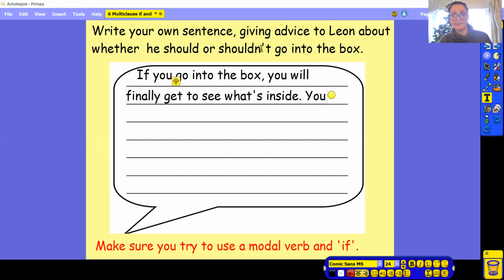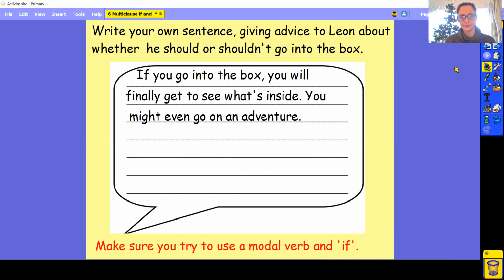You might even go on an adventure. If you go into the box, you will finally get to see what's inside. You might even go on an adventure. So that's my sentence there.